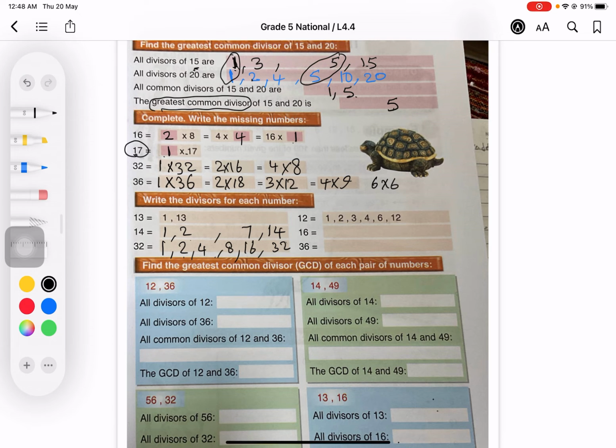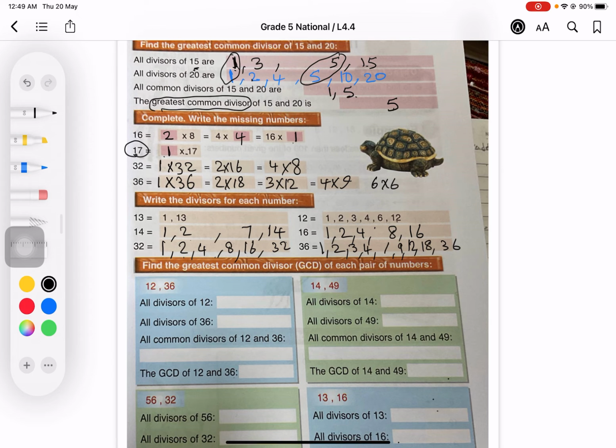Now with 16, it's 1 with 16, 2 with 8, 4 with 4. 4 with 4, you write it one time. You don't repeat. If the number you get is, for example, 36, I will write 1 with 36, 2 with 18, 3 with 12, 4 with 9, and 6 with 6.